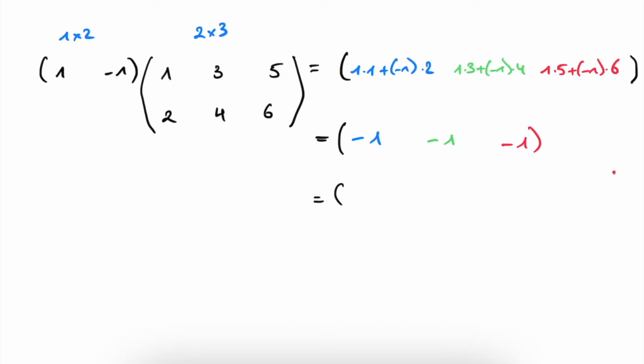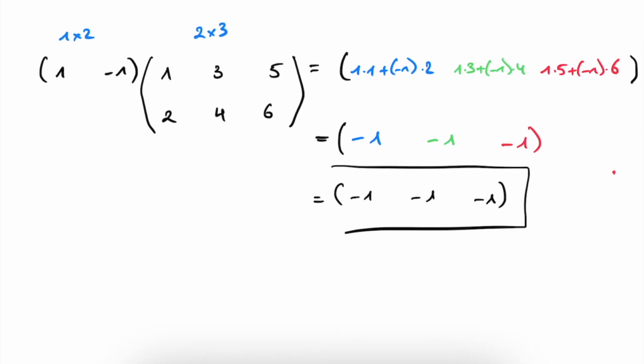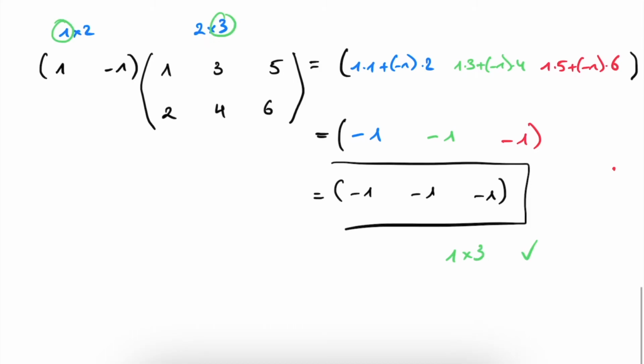So the result of this multiplication is minus 1, minus 1, minus 1. Again, this is indeed a 1 times 3 matrix because we had a 1 here and a 3 here, so it checks out.